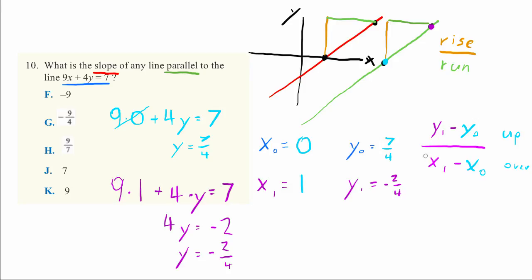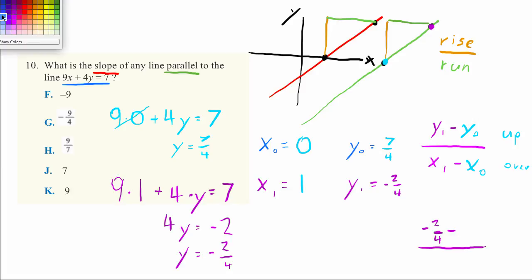And now we just need to plug things into this equation that we had. We have negative 2 divided by 4, that's one of the points of y, and then minus the other point of y, which is 7 over 4 here. So minus 7 divided by 4. And then on the bottom half of the equation, it's how far over we went in x. So x1 was equal to 1, and x0 was equal to 0.